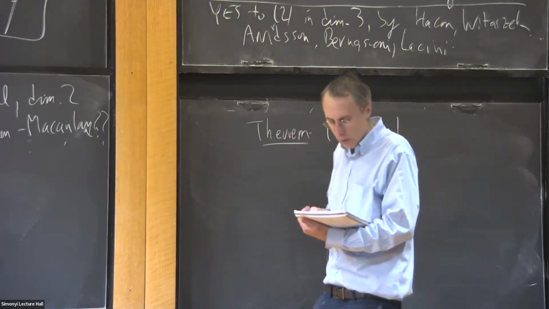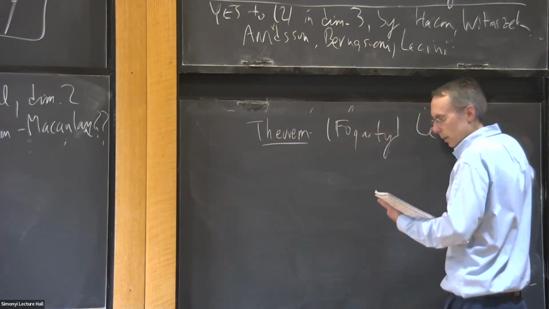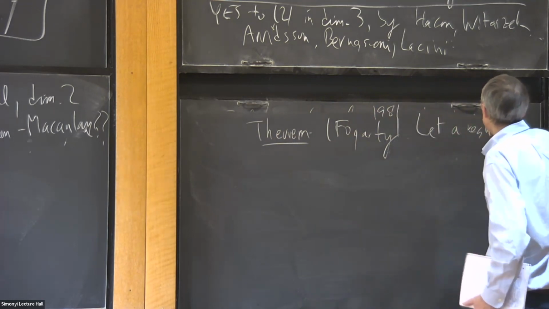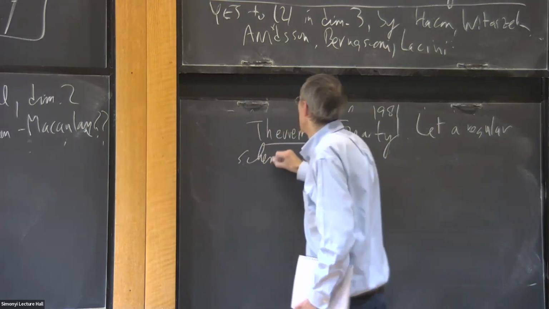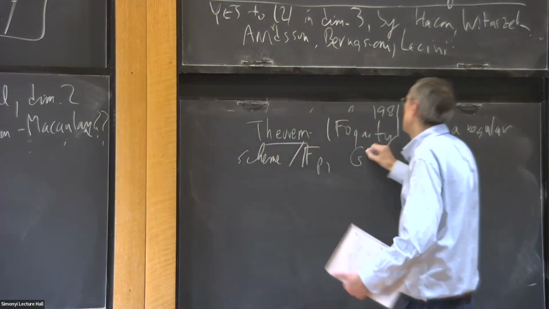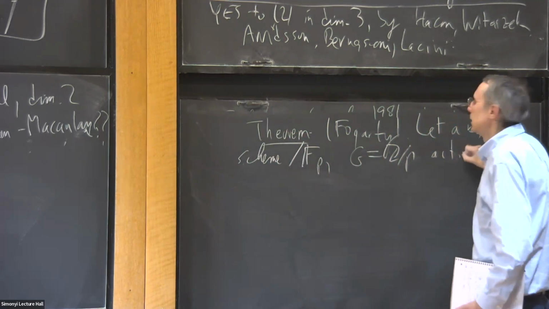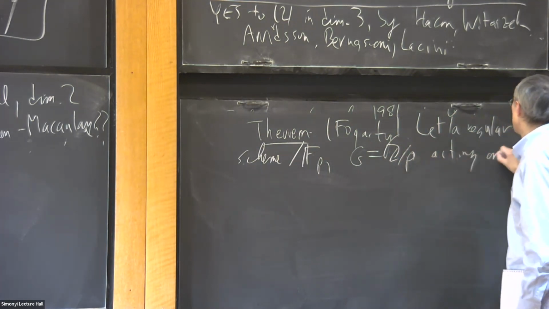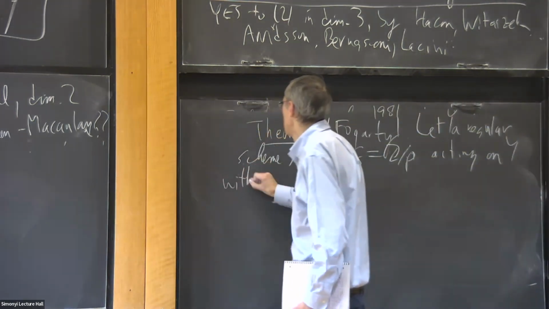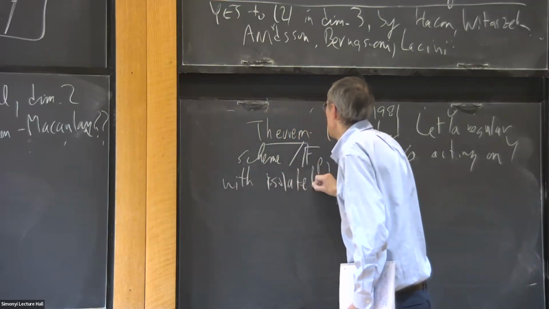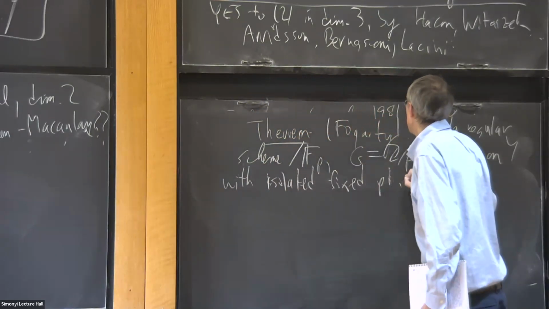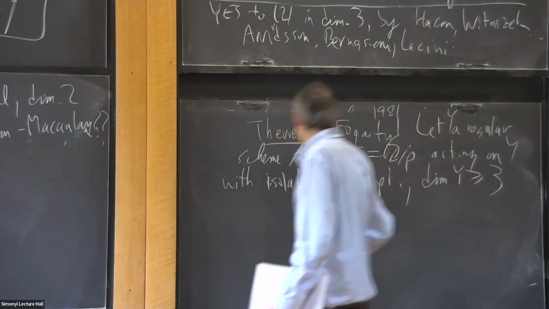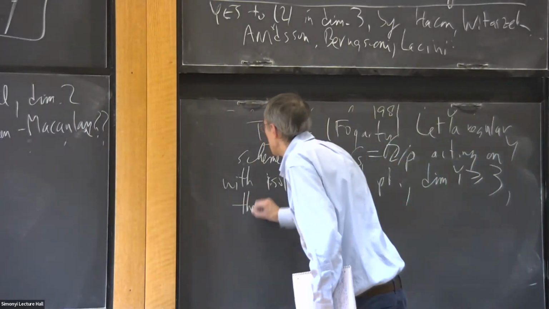Oversea showed this, I think in '81: if you take a regular scheme Y over F_p, and a cyclic group G of order p acts on Y with, let's say, an isolated fixed point, and suppose that Y has dimension 3, then this quotient singularity is never Cohen-Macaulay.